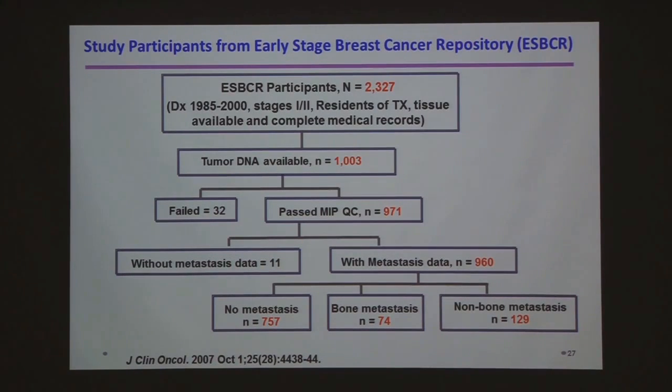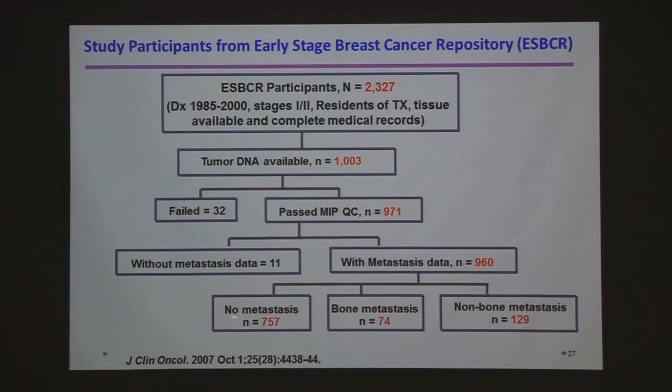So again, just showing you the data, we used the same cohort of patients with early stage breast cancer. We looked at the data. There were 11 patients where we didn't have any metastatic information, the site of metastasis or whether or not they metastasized, and we had 960 patients with follow-up information about whether or not they had any metastatic lesions.